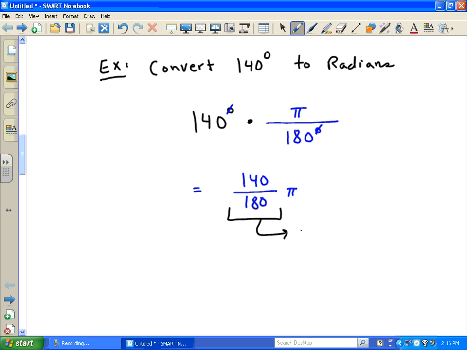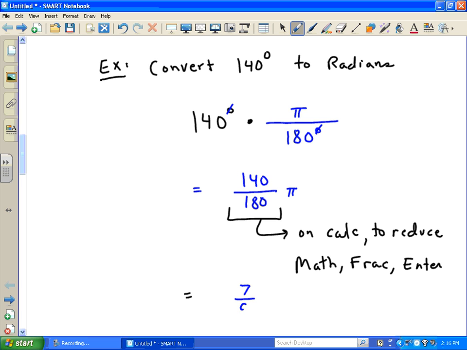So on the calculator, to reduce, you're going to type math, frac, and then enter. That will take whatever your fraction is and reduce that 140 over 180 to a smaller value. That smaller value ends up being, I believe, 7 over 9 pi.